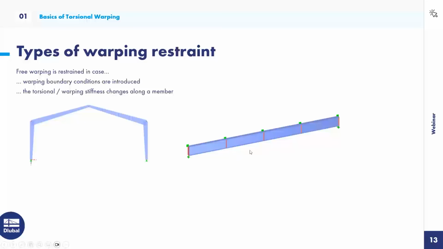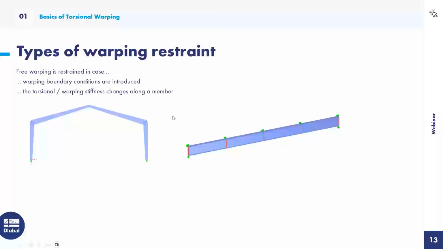And the same goes for a discrete increase or change in torsional and warping stresses if we set or include stiffeners along the member length. Such stiffeners can also act as a warping restraint along the beam, and we will also check this in the example.